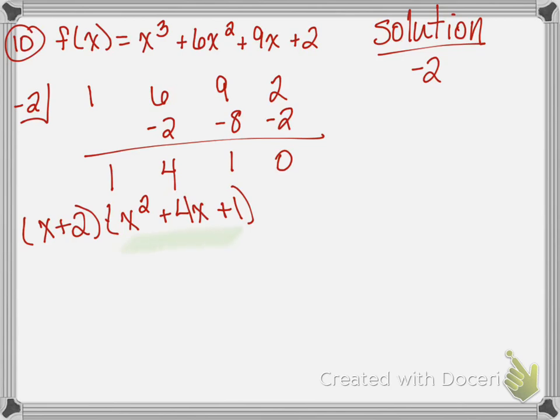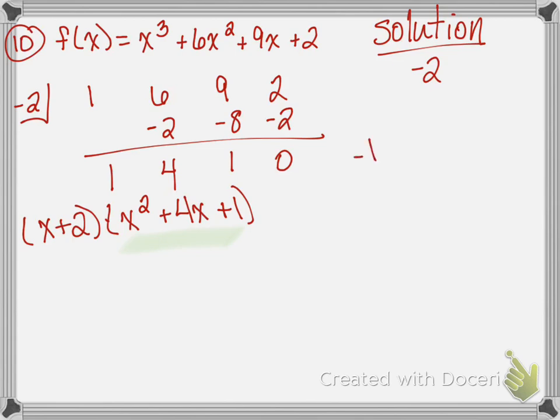As I start factoring this quadratic, I realize there's no two numbers multiplied together that give me 1 and added together give me 4. So for this one, I'm going to do the quadratic formula because there's some simplifying that we have to do with the quadratic formula that sometimes we don't like to remember to do. So I am going to remind us how to do that.